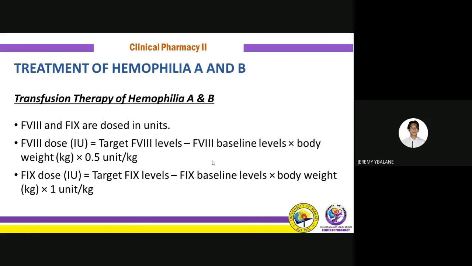So we have the factor VIII and factor IX dosing units. 1 unit is defined as the amount of factor VIII, 100 microgram per ml, or factor IX, 5 microgram per ml.